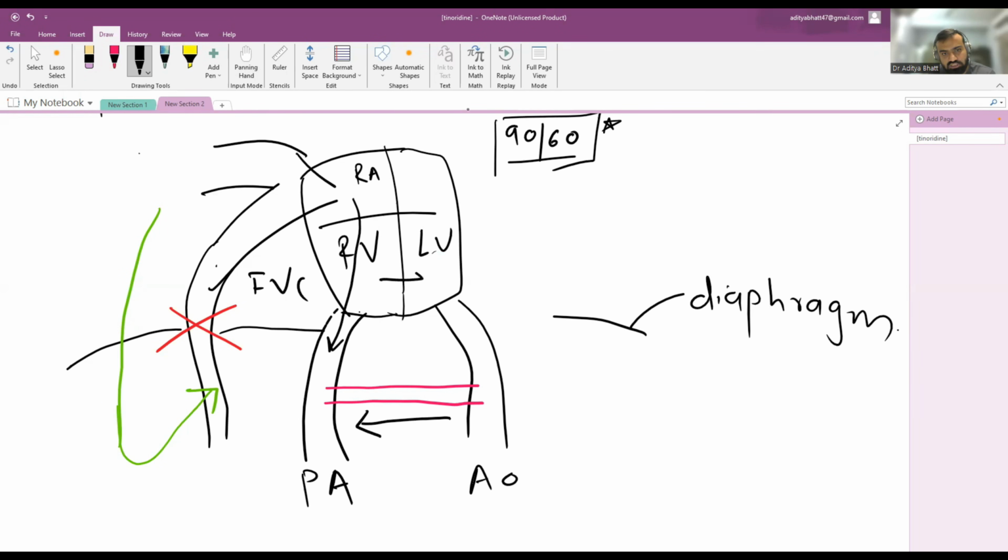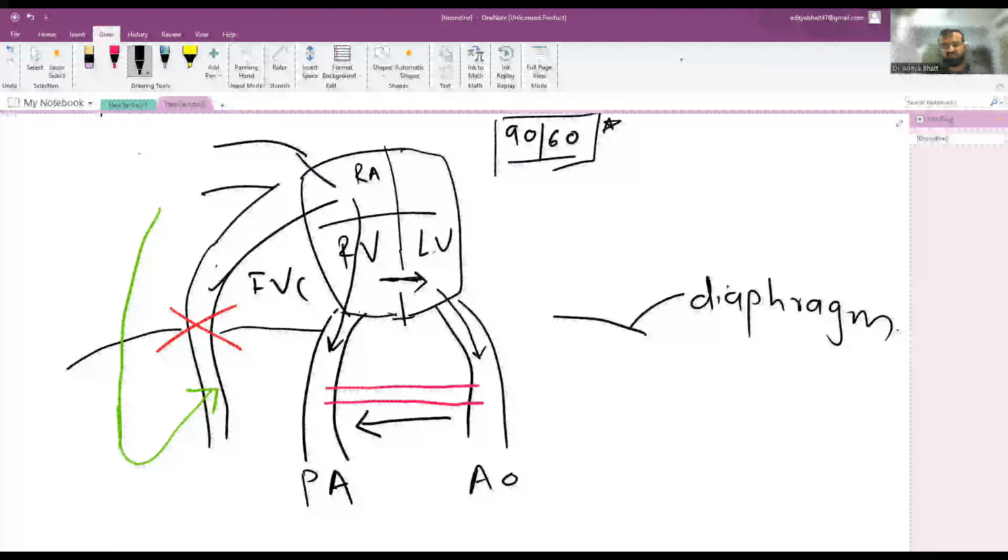So the blood is also going to the left side. The source of blood is only right atria, and the blood will go to the left side via a connection like VSD. So imagine there is a VSD. There is a requirement of either VSD or ASD for the patient to survive. So once this happens, the blood again goes to the systemic circulation.